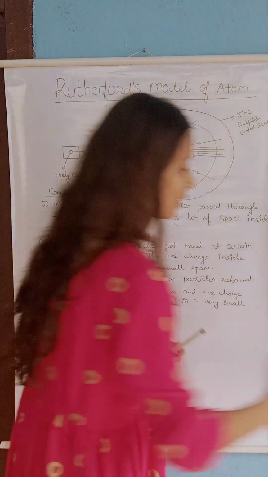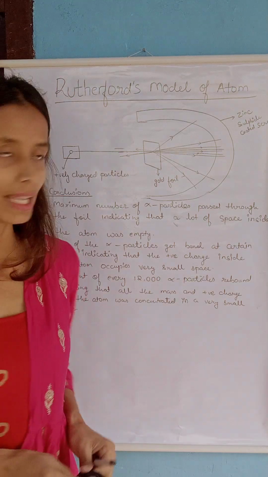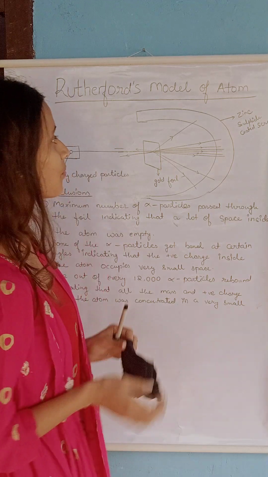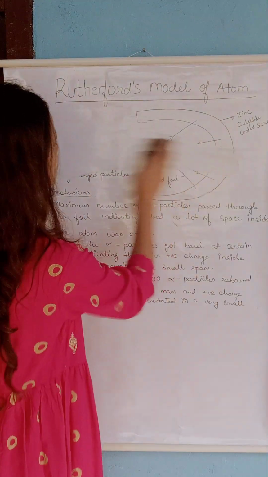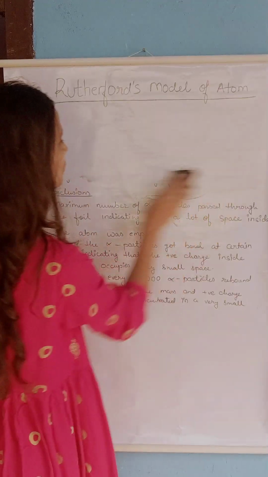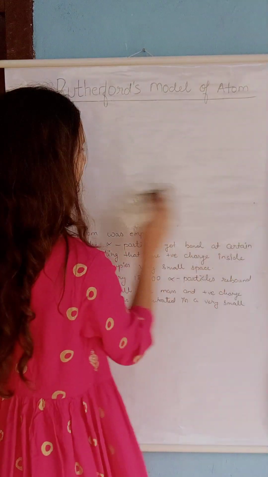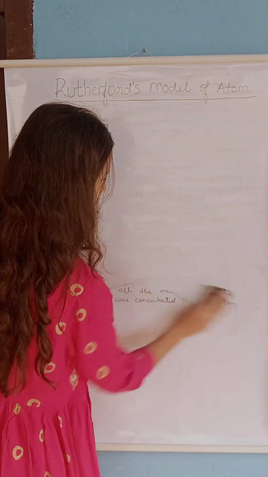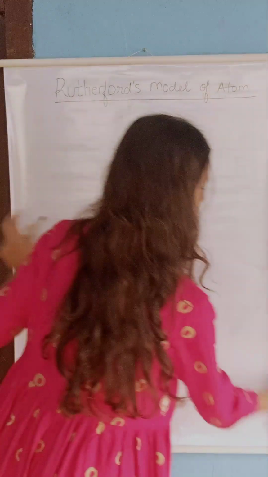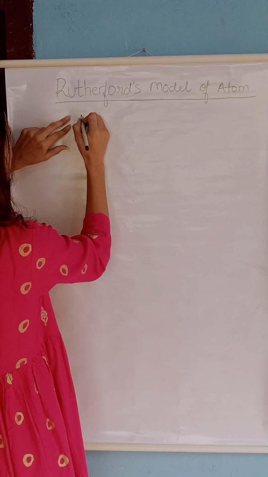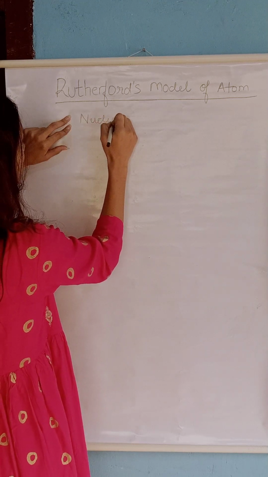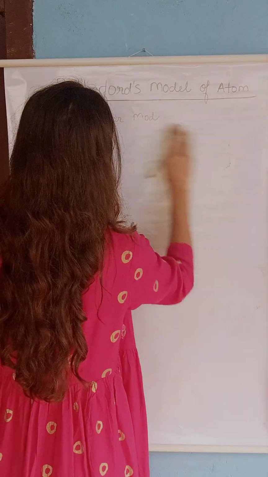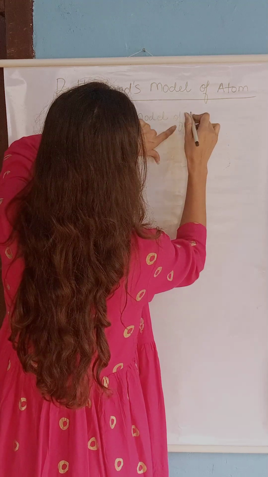After this, he put forward his new nuclear model of atom. So let's move further to the nuclear model of atom given by Rutherford. We'll put the heading: nuclear model of atom.